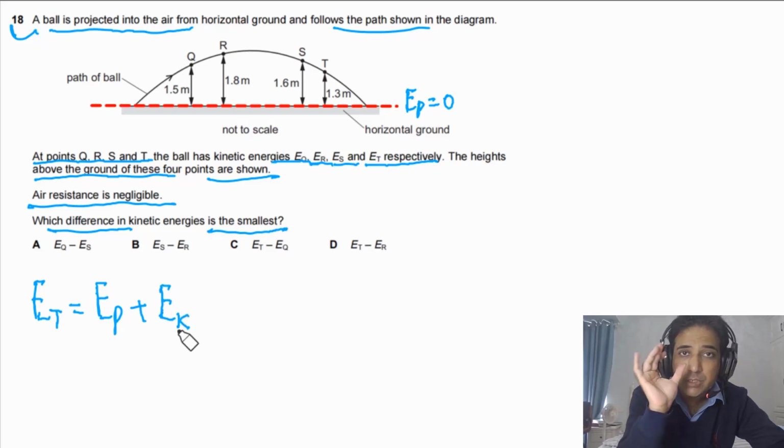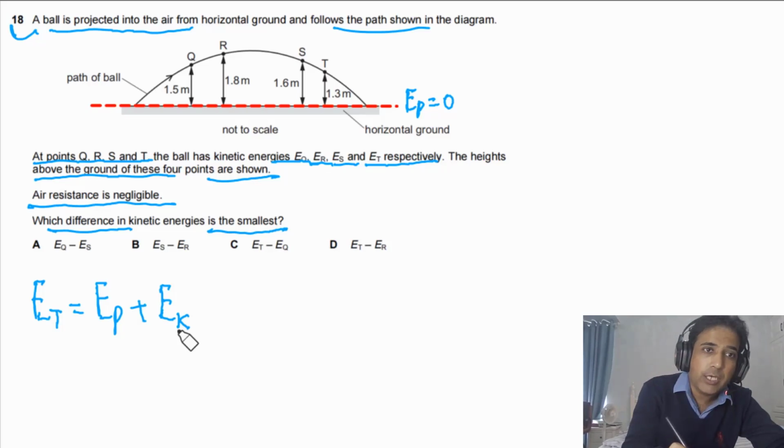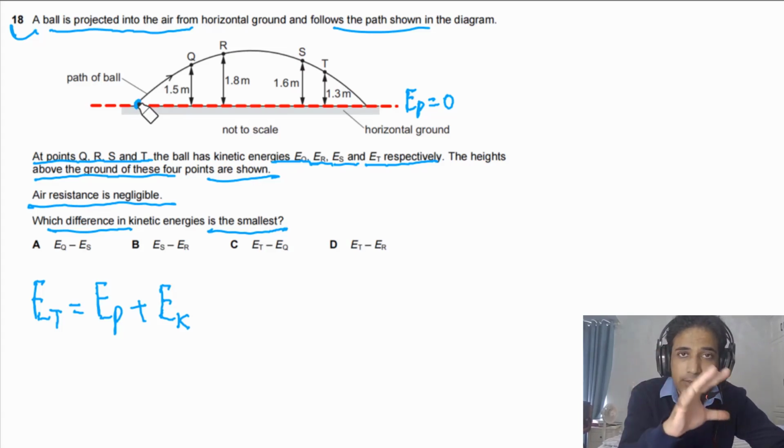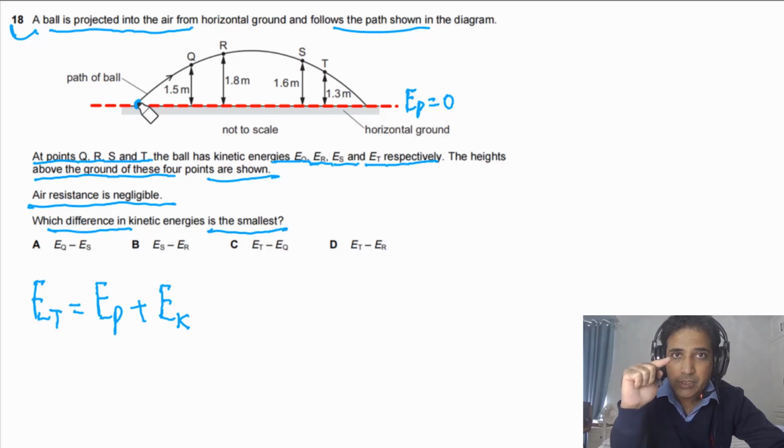At this point the total energy is equal to kinetic energy because potential energy is 0. And as the ball is moving up, the ball is gaining GPE and losing KE.